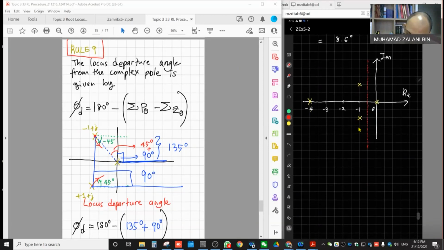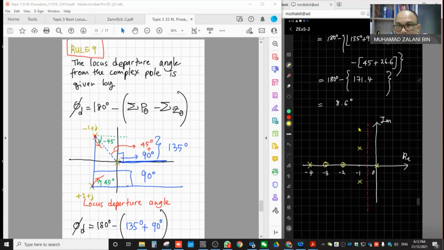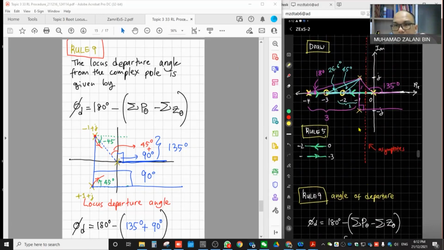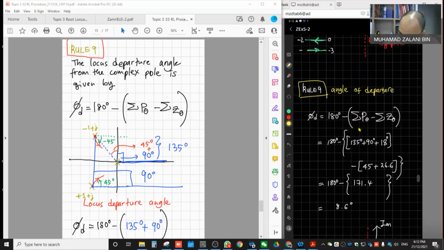So the locus, where's the location of the 0? At -2 and -3, right? So the locus start from, let's check. Yes, that's correct.